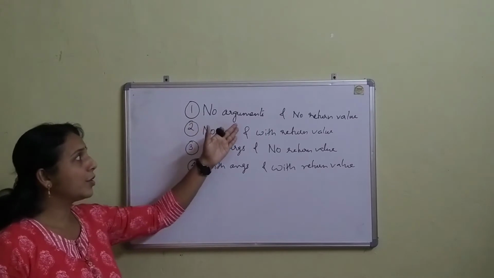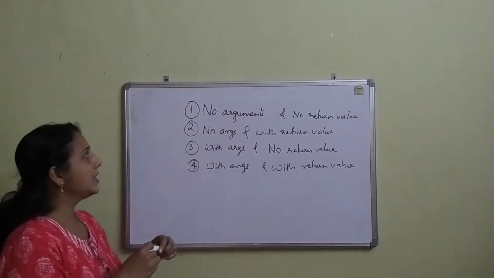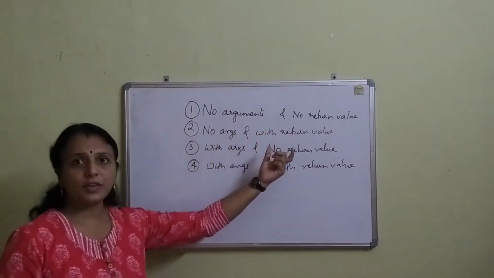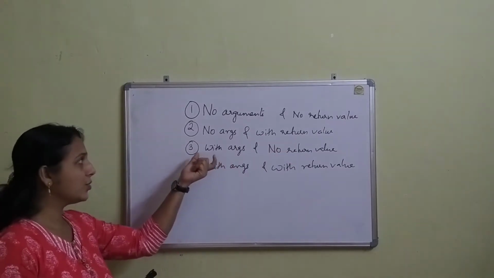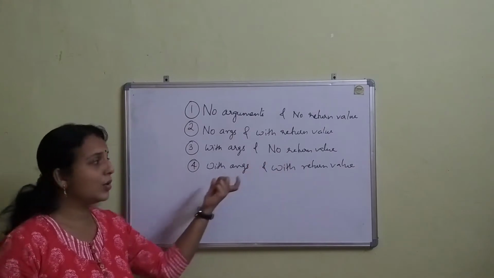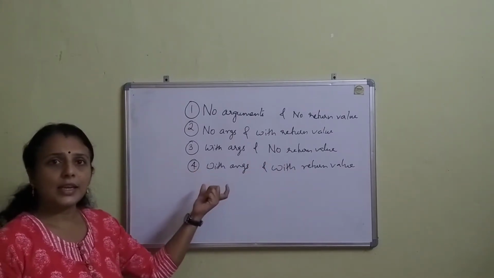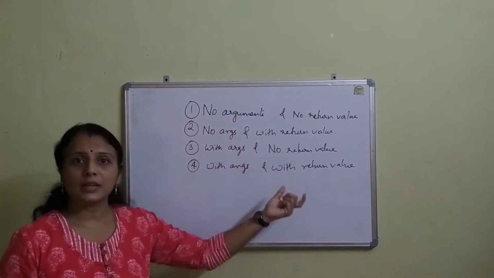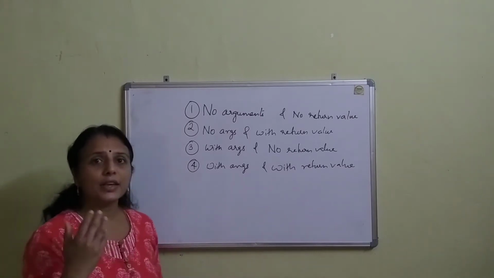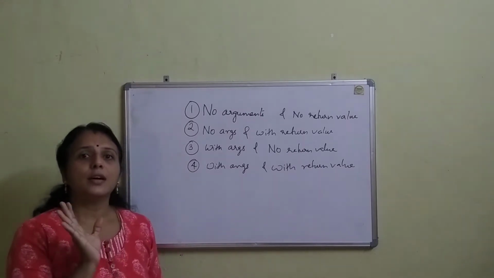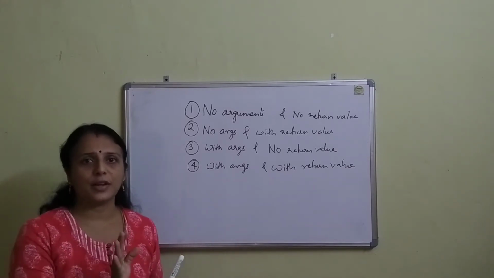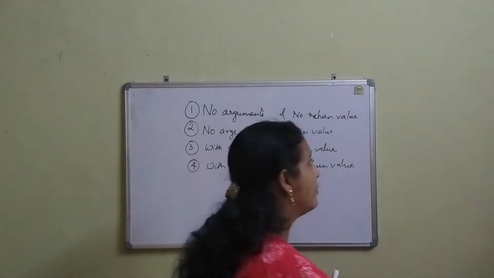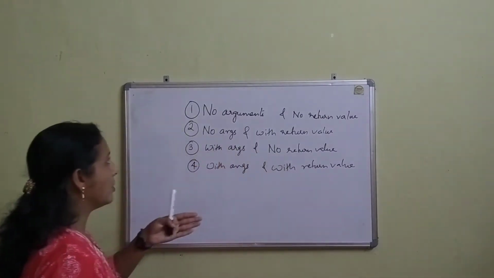First is no arguments and no return value, second is no arguments and with return value, third is with arguments and no return value, and fourth is with arguments and with return value. Let us see how the formats of these 4 categories differ, and how we define a function in each of them.